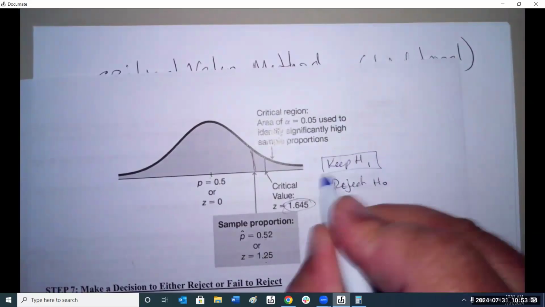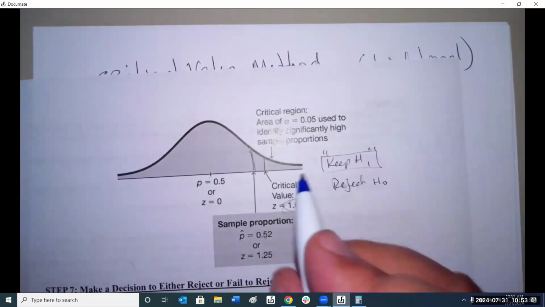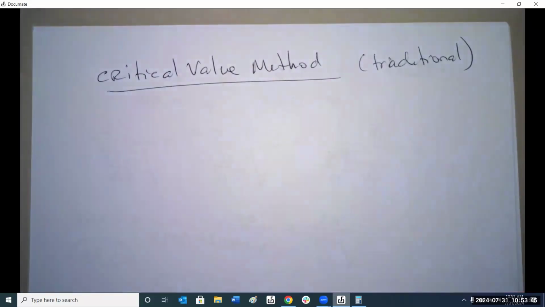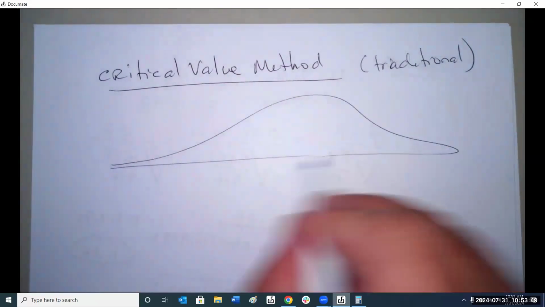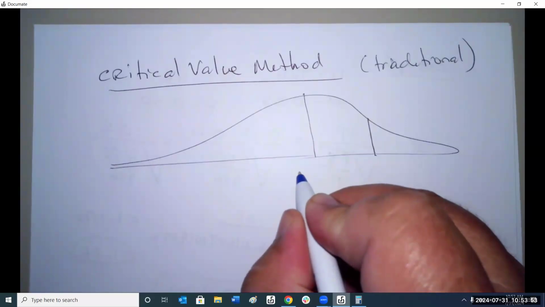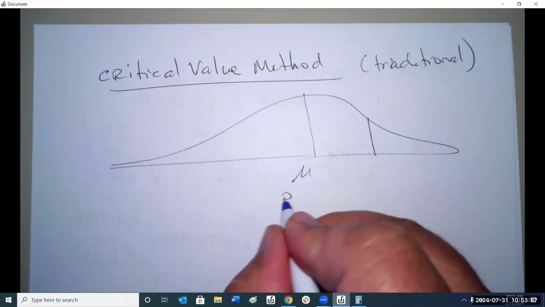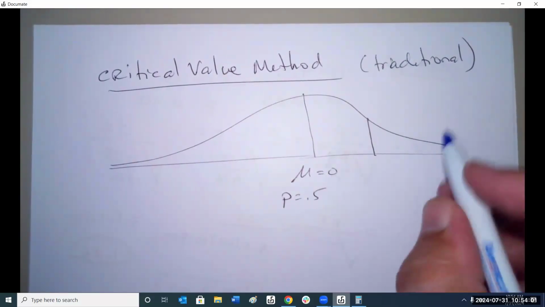But this is in quotes, really. And this is where it's important. This is the mean. This is where our p is 0.5 and it equals 0.